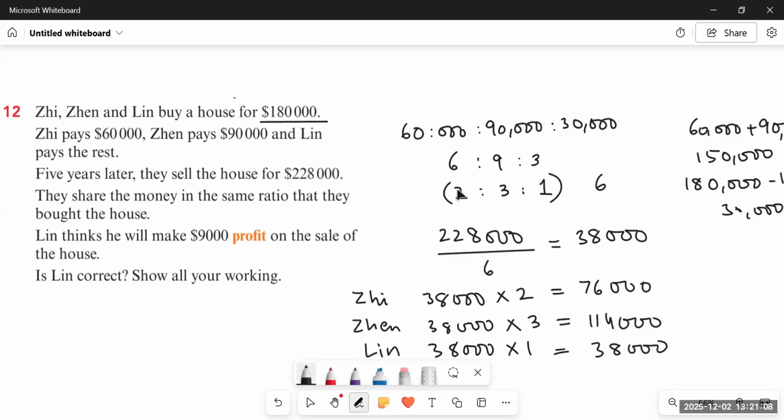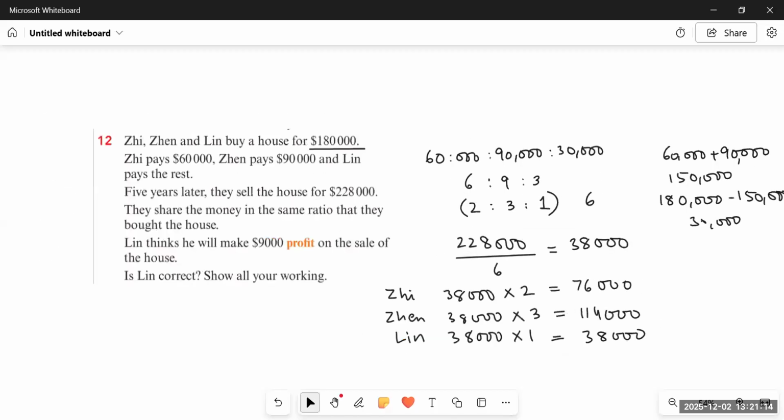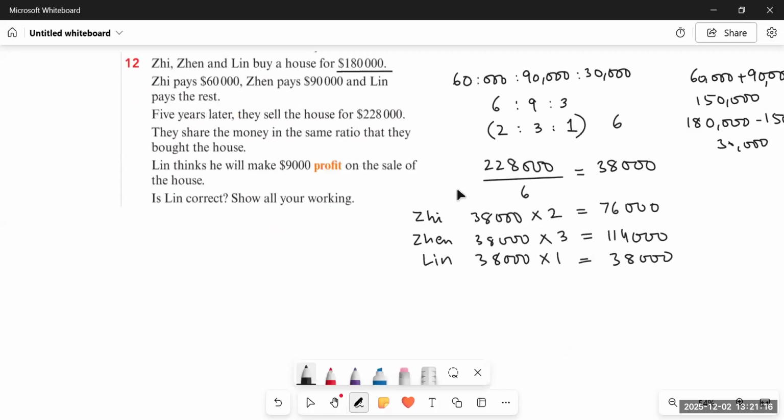Lin thinks he will make $9,000 profit on the sale of the house. Now, how do we calculate the profit? You must know that profit is equal to selling price minus the cost price.